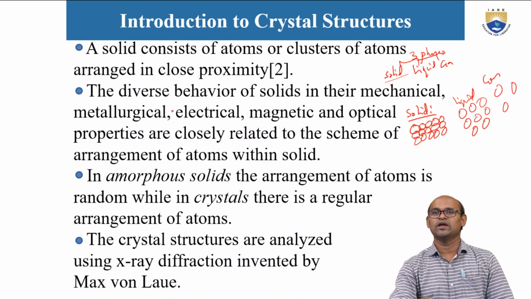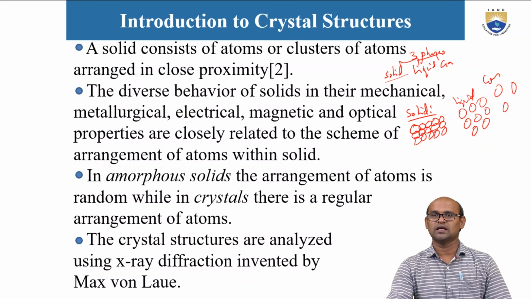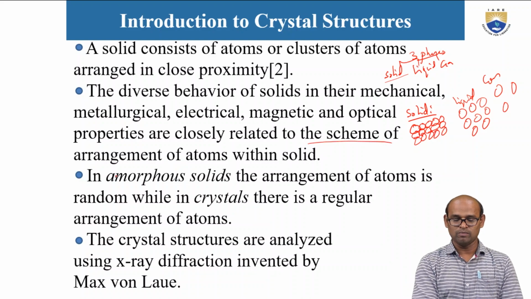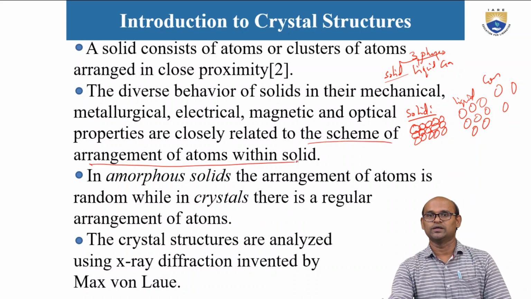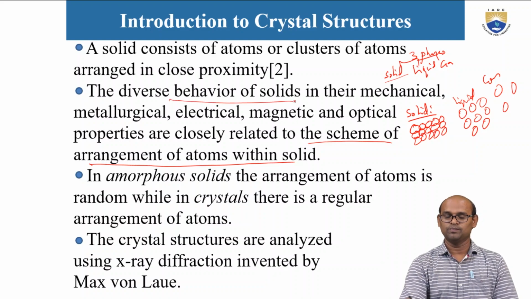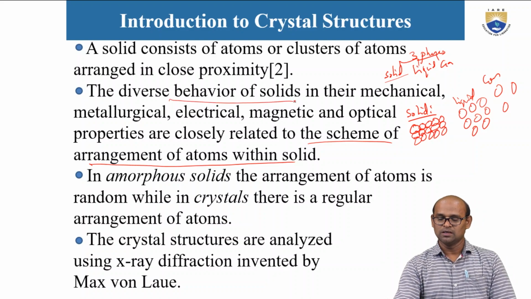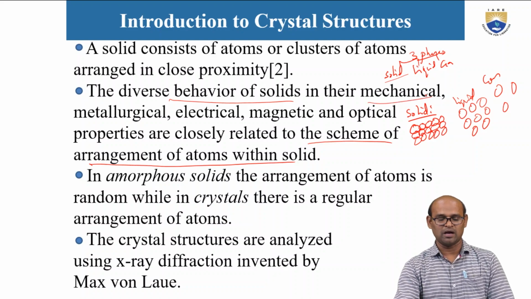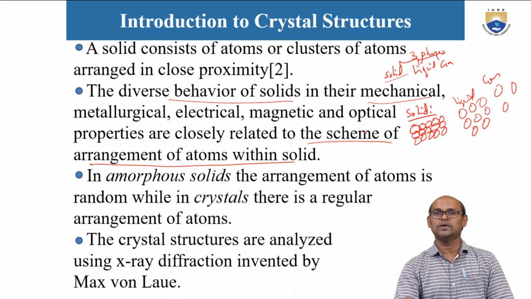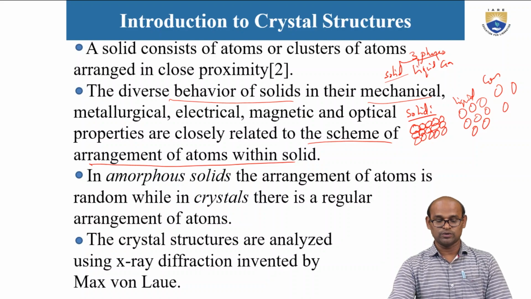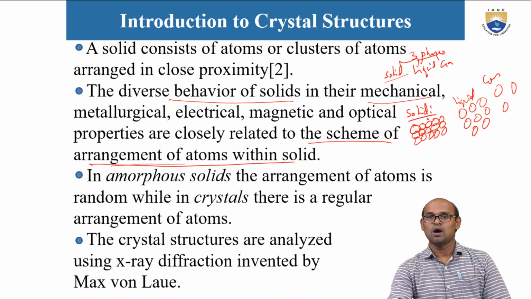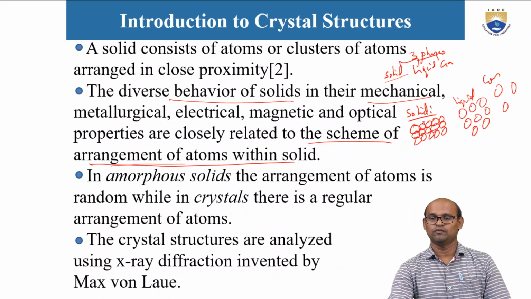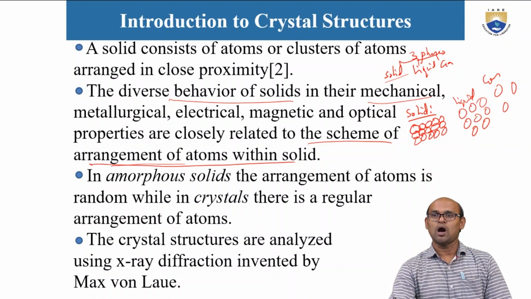The diverse behavior of solids in mechanical, metallurgical, electrical, magnetic, and optical properties is closely related to the scheme of arrangement of atoms within a solid. How the atoms are arranged in a particular material matters.